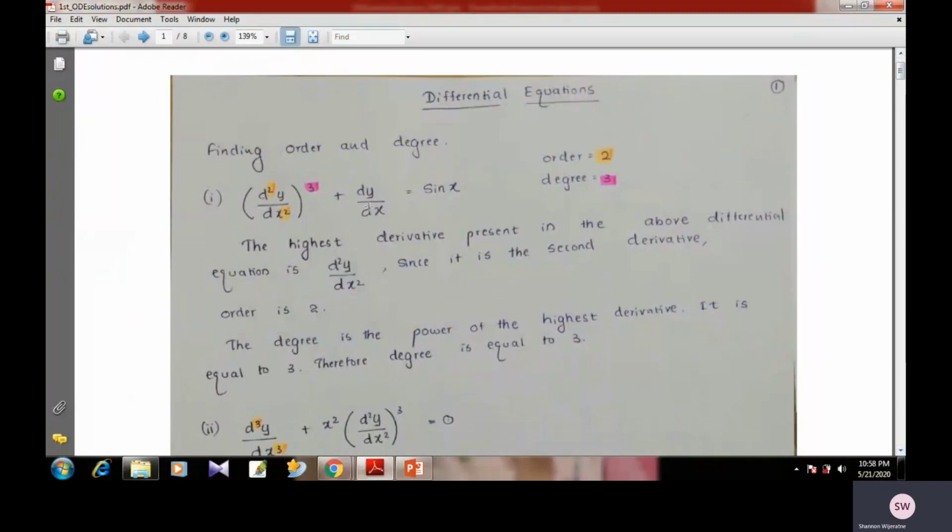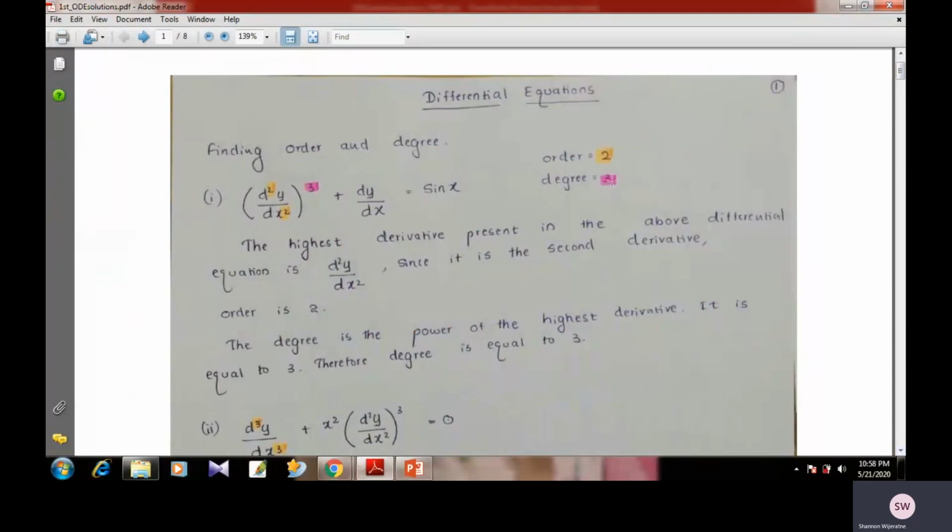So the first differential equation is (d2y over dx squared) to the power 3 plus dy by dx equals sin x. First we should find the highest order derivative of this equation. The highest order derivative of this equation is the second derivative. So we say the order is equal to 2.